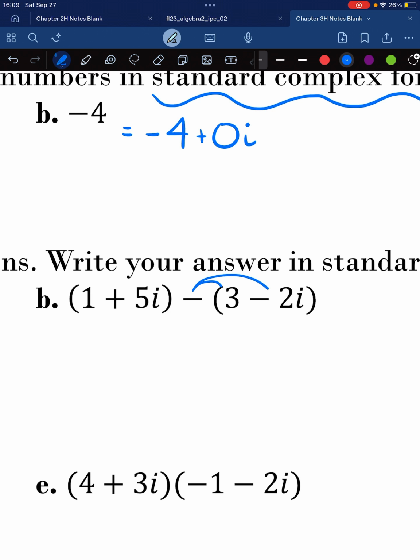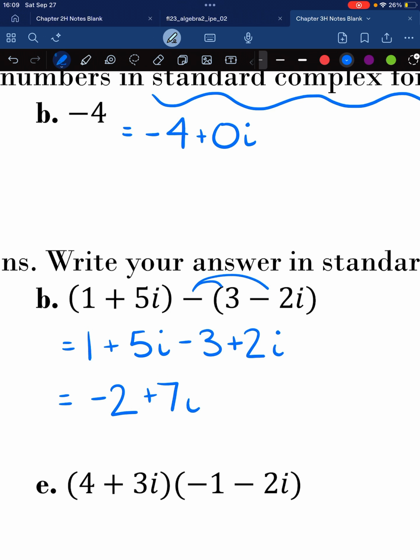B, make sure we subtract both of these components in the second term there. So we end up with 1 plus 5i minus 3 minus a negative 2i. Combine like terms with the real part coming first.